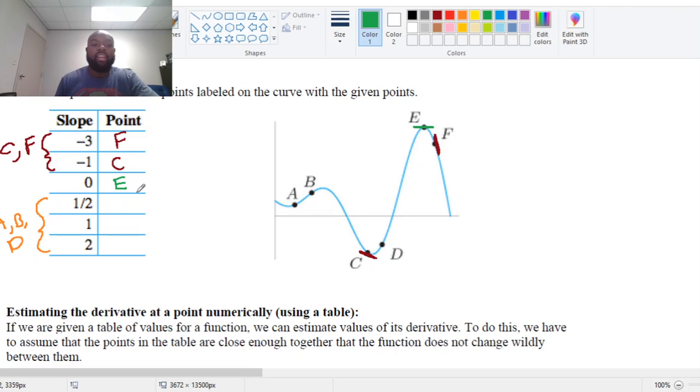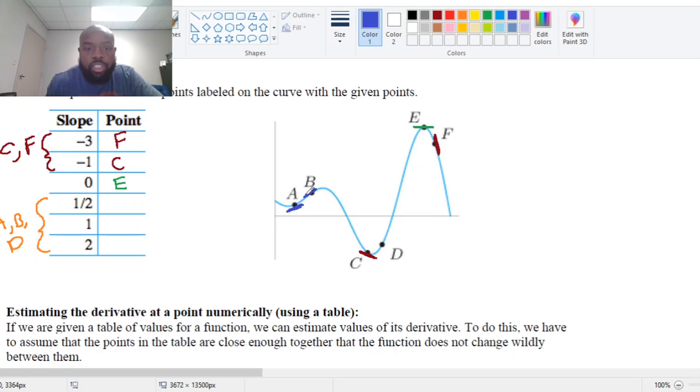Then to get the estimates of your slope at points A, B, and D, we basically have to look at the steepness of the tangent lines, and find the points with the steepest tangent line. I drew that one a little weird. So the tangent line here will be something like this.